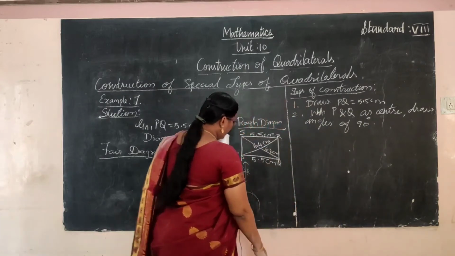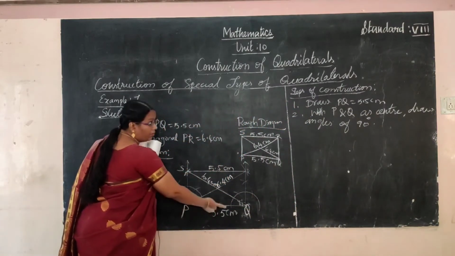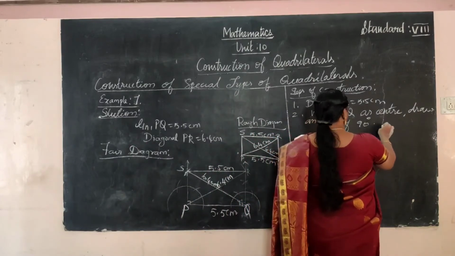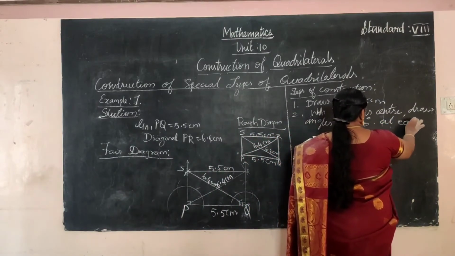We have to draw the perpendicular bisector with center P and Q, that is the second step. So an angle of 90 degree at each point.